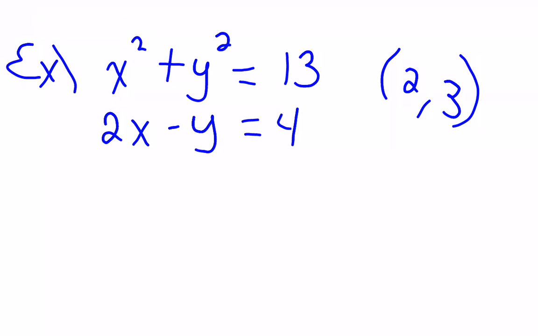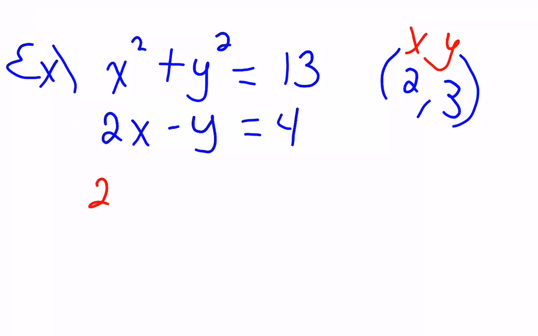So how do I know if it's a solution to the system? Remember, every point is an xy point, and so I'm going to plug them into both equations, and they have to work in both. So for a system to have a solution, that means the point has to work in both equations. So let's take a look.